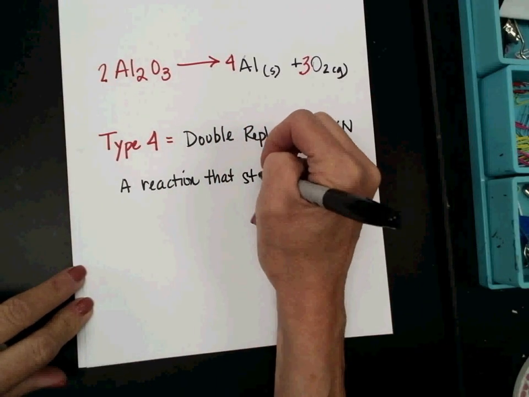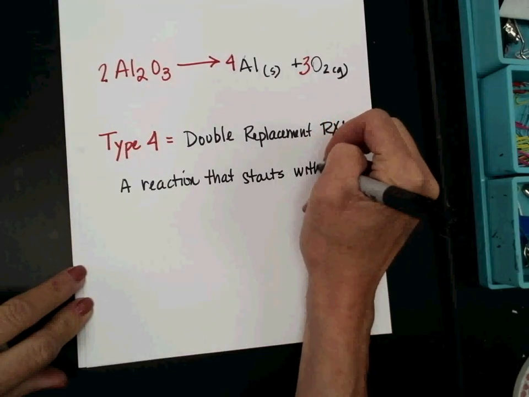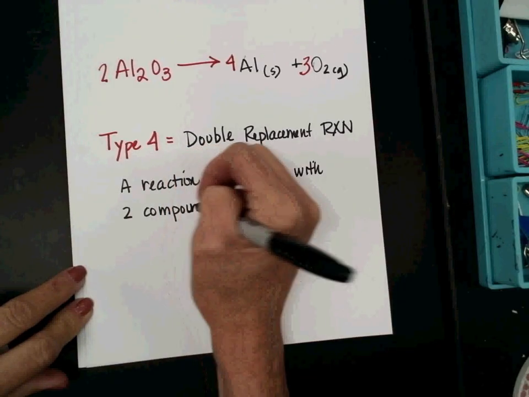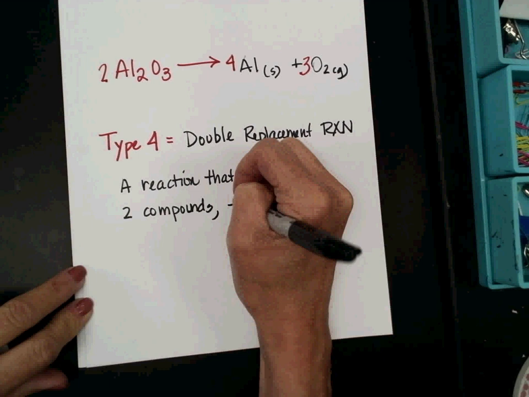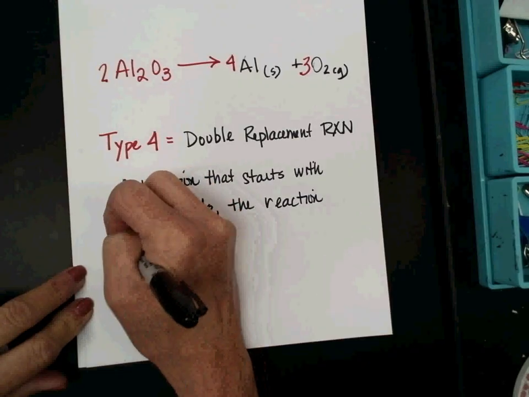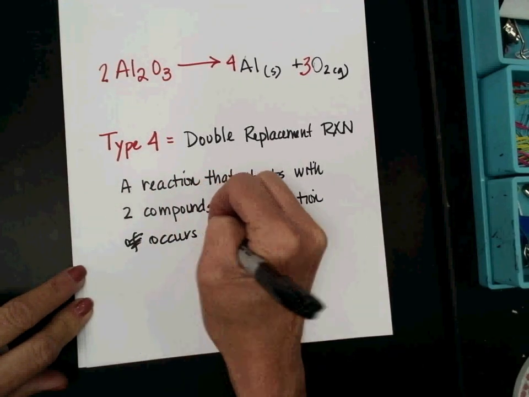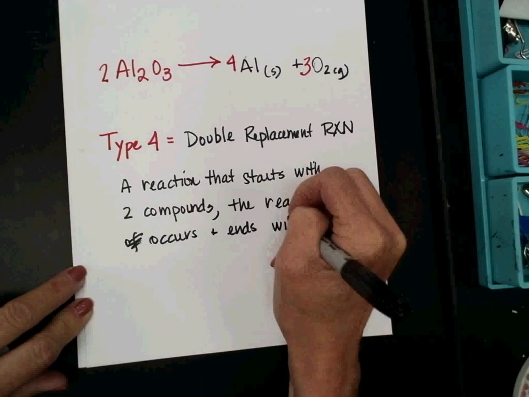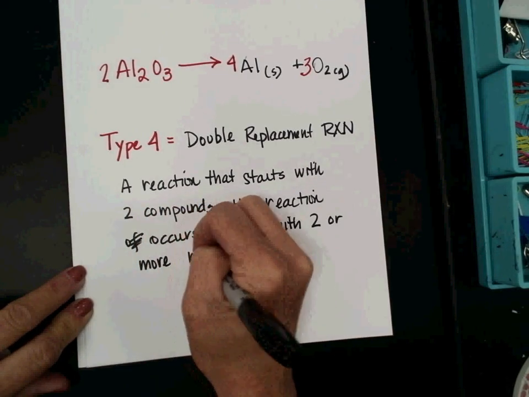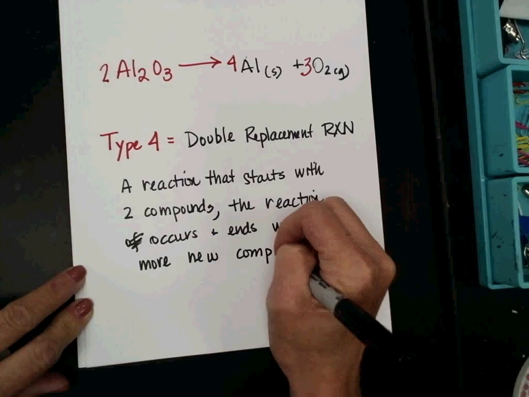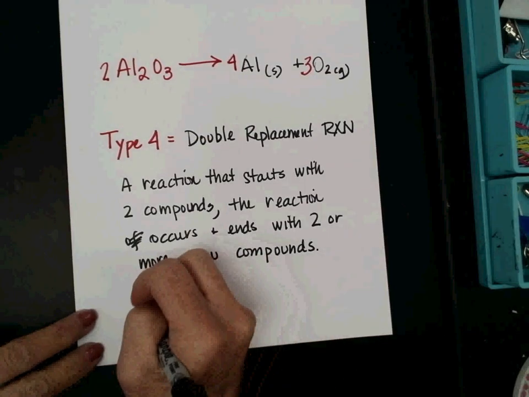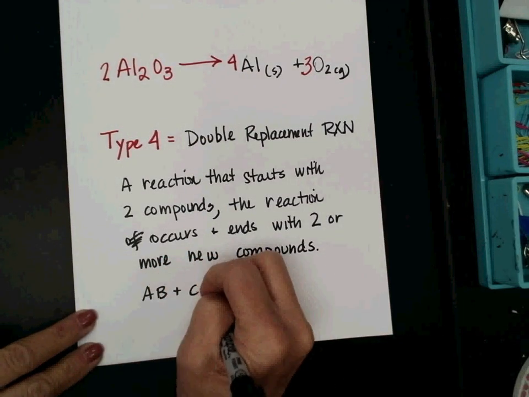This is a reaction that starts with 2 compounds, the reaction occurs, and ends with 2 or more new compounds.